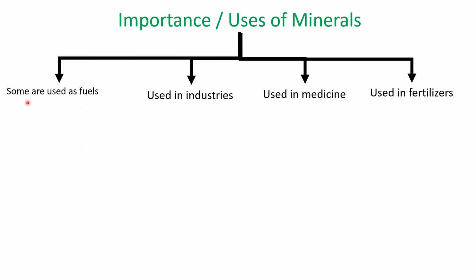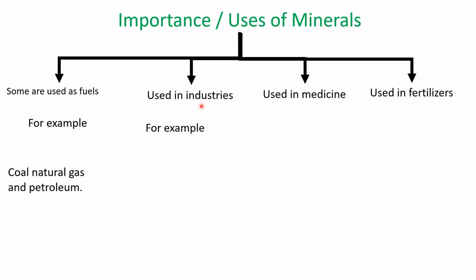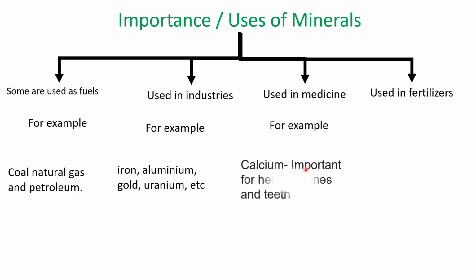Some minerals are used as fuel. For example, coal, natural gas and petroleum. Used in industries, for example, iron, aluminium, gold, uranium, etc. Used in medicine, for example, calcium, important for healthy bones and teeth.